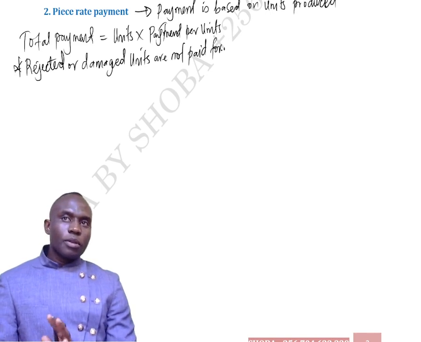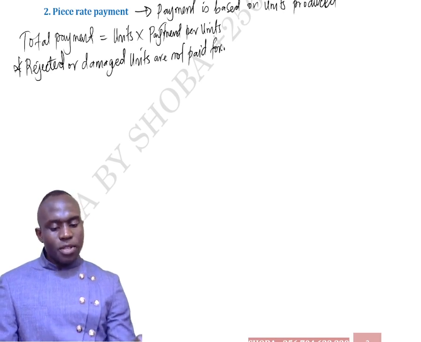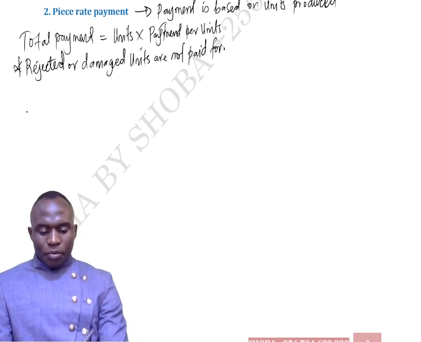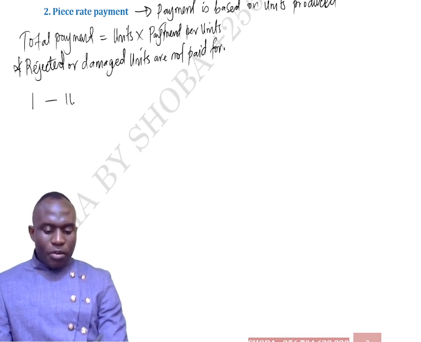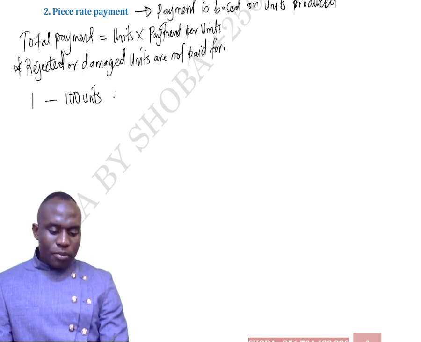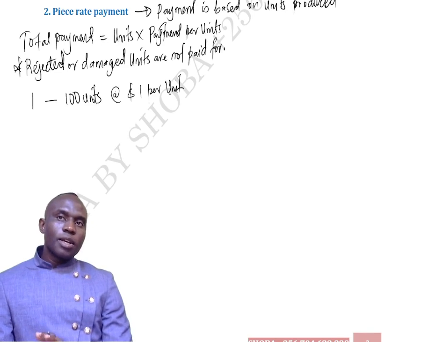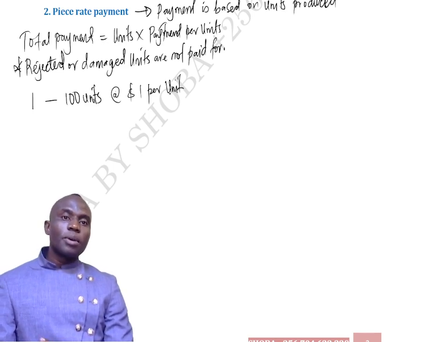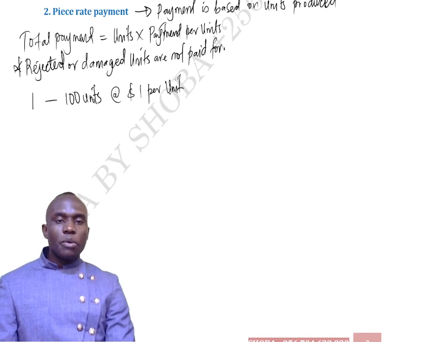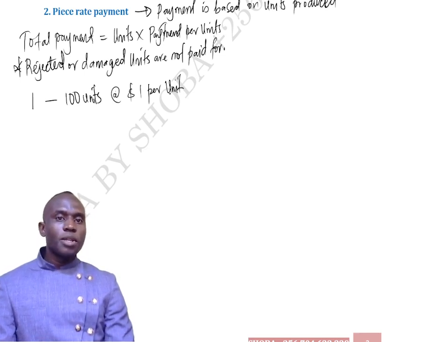Now, just like in time-based payment, for example, someone is producing units. So if you produce 1 unit to maybe 100 units, you might find that the payment is maybe $1 per unit. Now, in order to encourage people to produce more units, we might pay them a higher rate when a certain number of units has been exceeded.